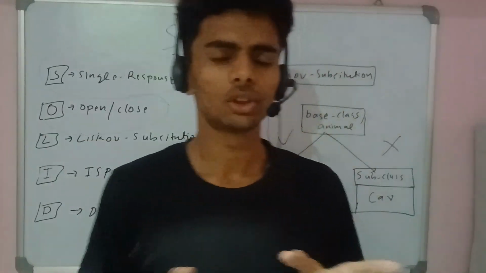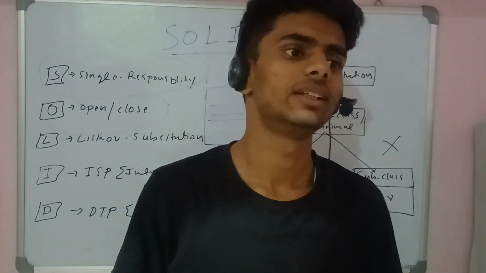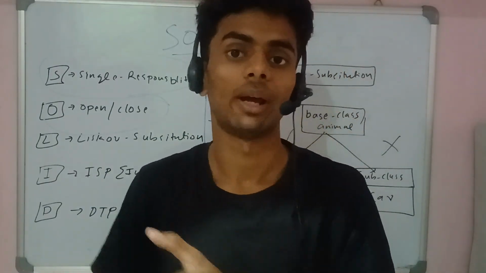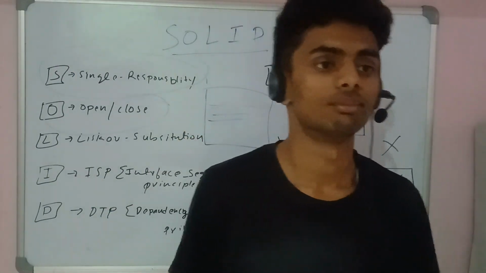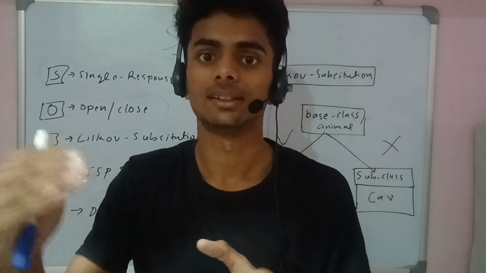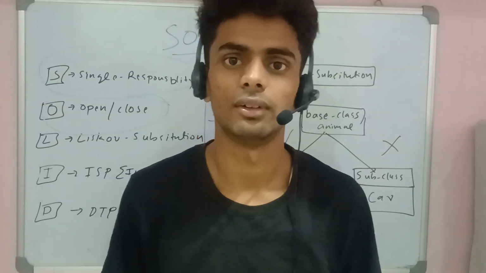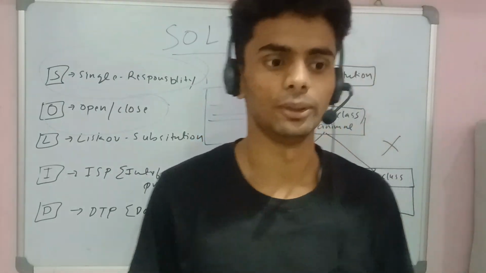So it's all about class and object. When we try to make a class in a particular code, it should be open for extension and closed for modification. Let me try to explain exactly what that means.